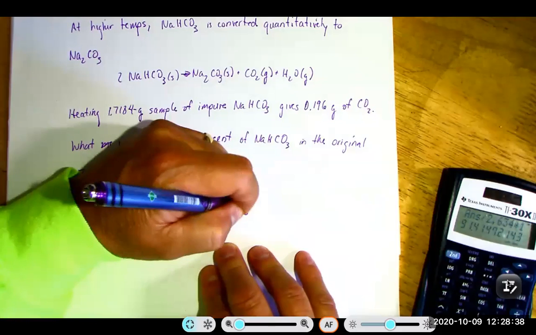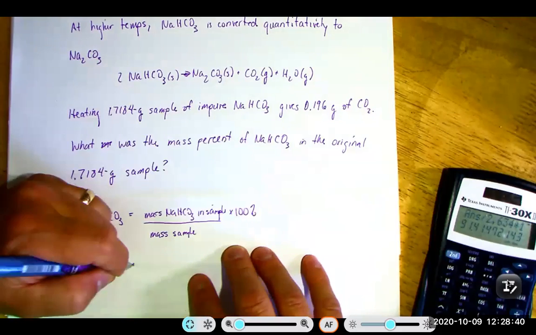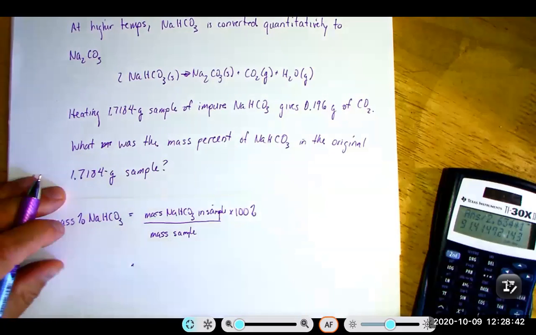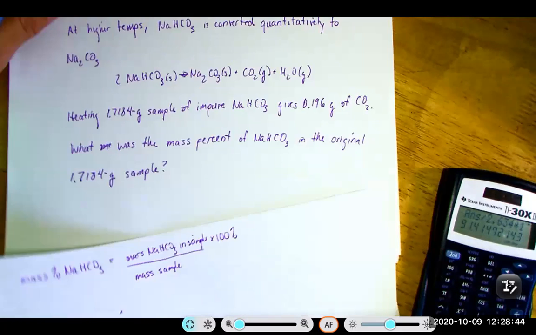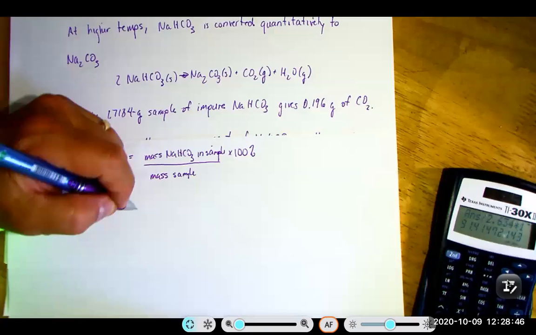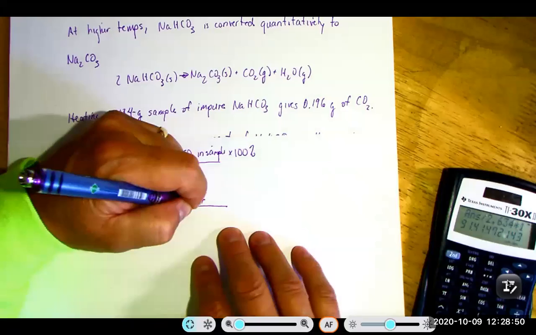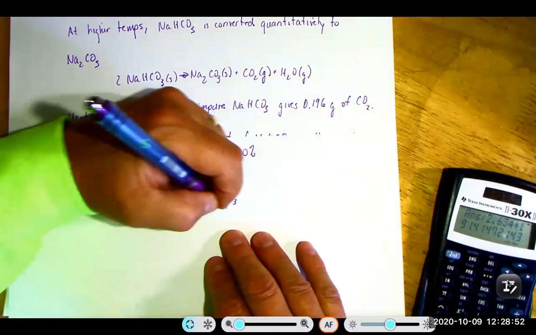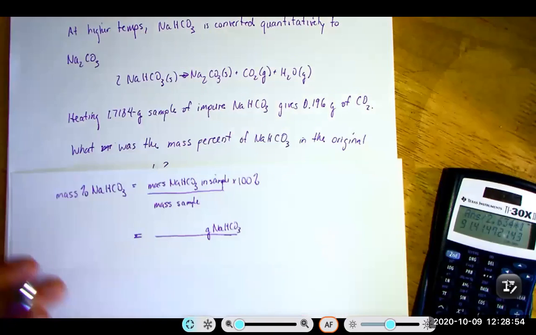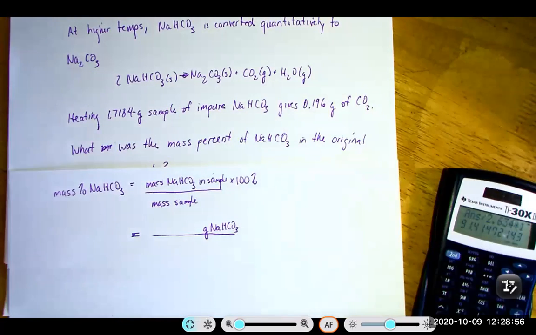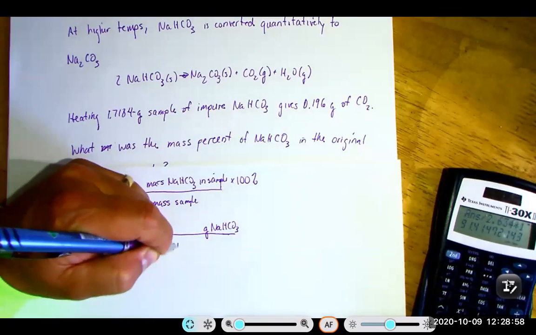And what I'm going to do here, because I found this from the previous problem, is I'm going to do this, is equal to, and I'm going to put grams of sodium bicarbonate divided by, here's the mass of the sample, 1.7184 grams of sample.